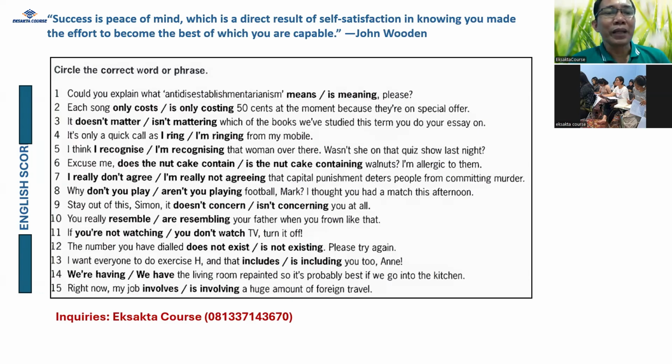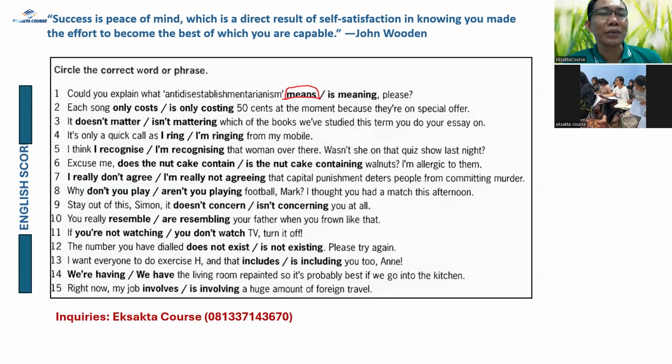Number 1. Could you explain what anti-disestablishmentarianism means? Here, between means and is meaning, the answer is means. It is simple present. You know that it is a polite request, so use could.